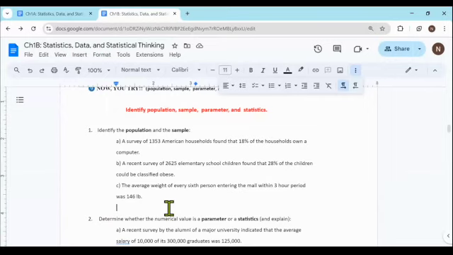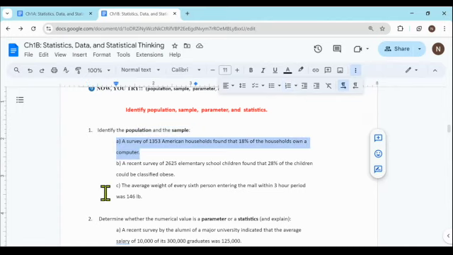Very good. Now, can you please read number 1? Identify the population and the sample. A, a survey of 7,335 American households found that 18% of the households own a computer.